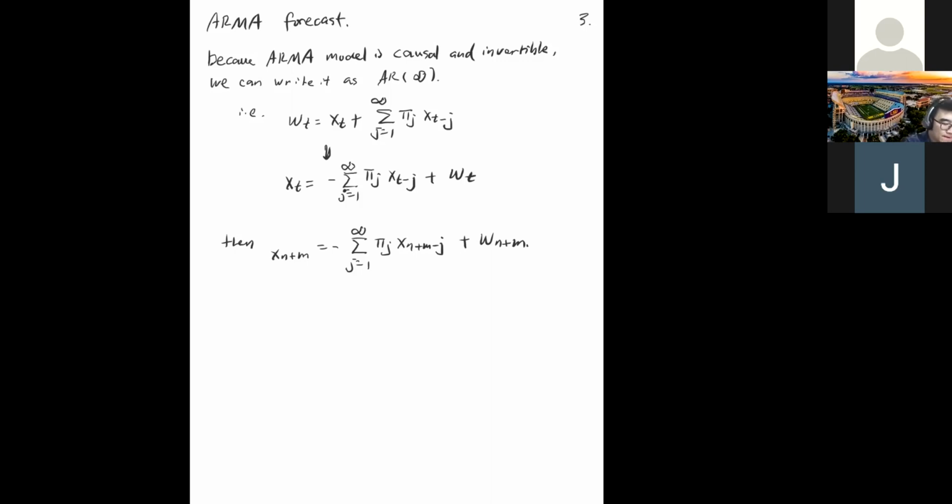Okay, so suppose we have an infinite amount of data: x_{n-1} all the way to x_0, x_1, x_{-1}, all the way to negative infinity.